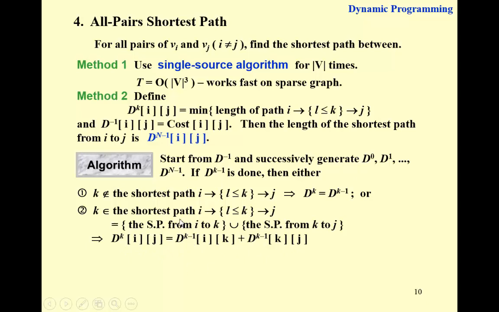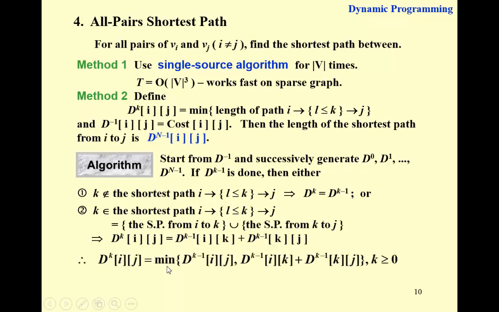So the way we compute D sub k from D sub k minus 1 is this: every time we increment k, we compare these two numbers and take the smaller number into the next iteration. Is that simple?